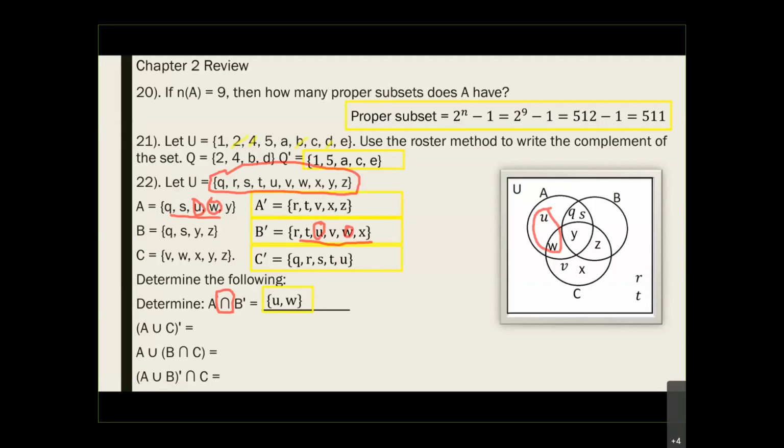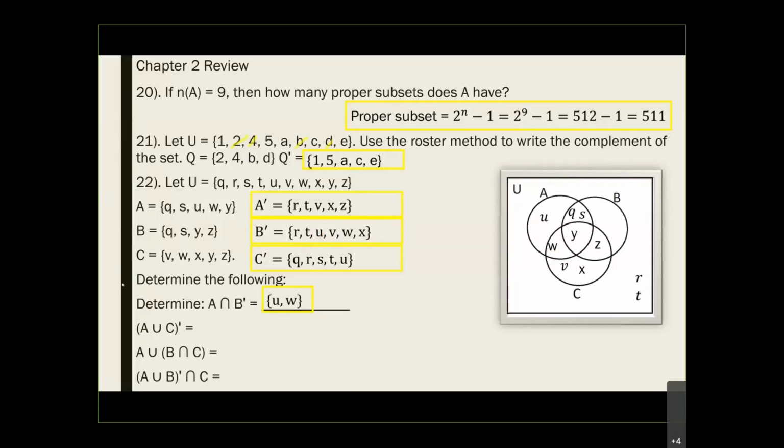U and W are the items inside A and outside of B, right? So you can either use the Venn diagram, which I have on the other side, or you can work from scratch like this, same thing.